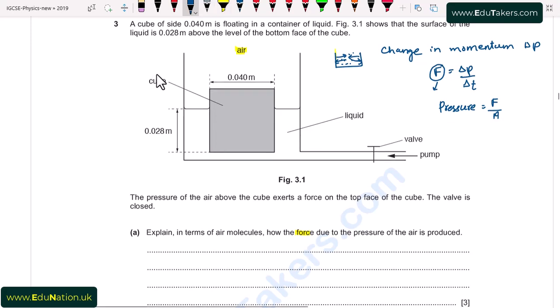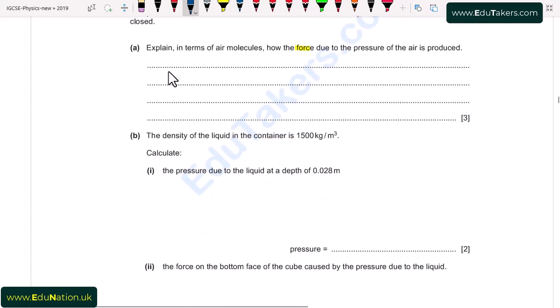So I write here: air molecules move randomly and collide with the wall of the container.